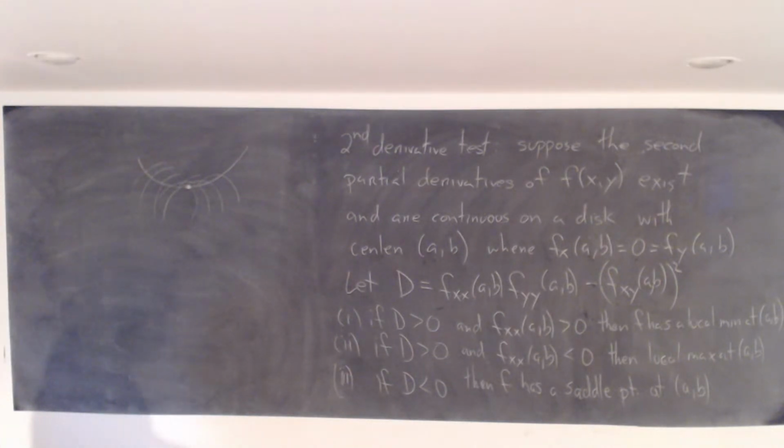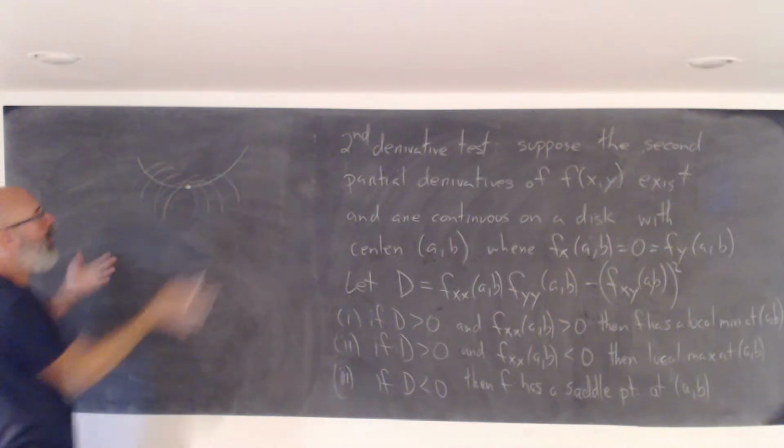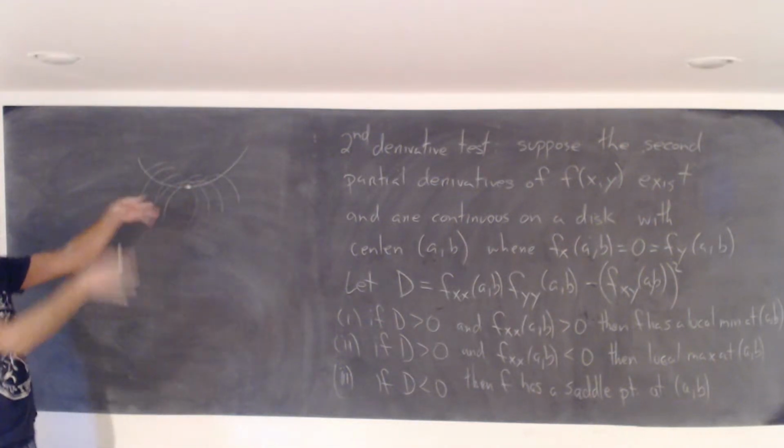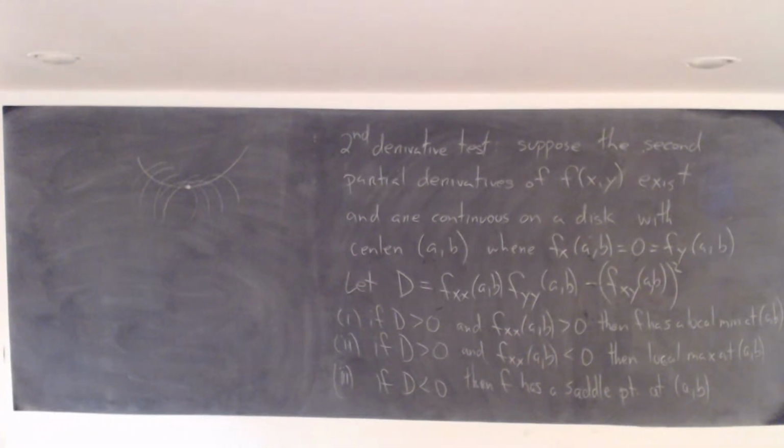So that's what a saddle point looks like. Very much like a saddle, down like this, but up on the sides. Saddle point. Let's take a few examples.